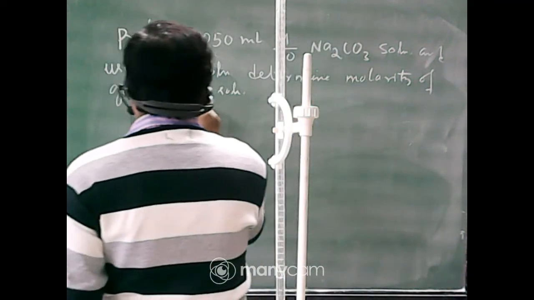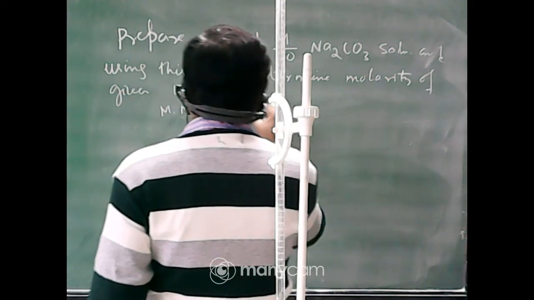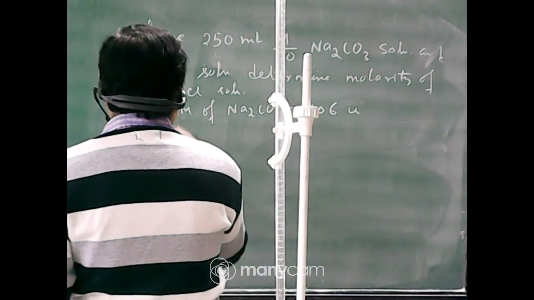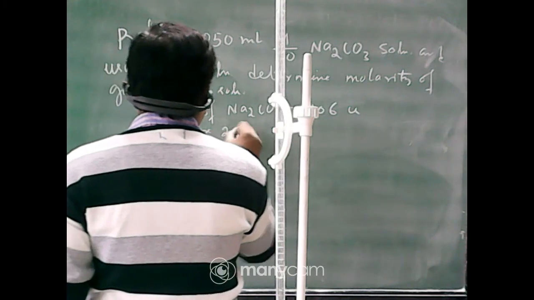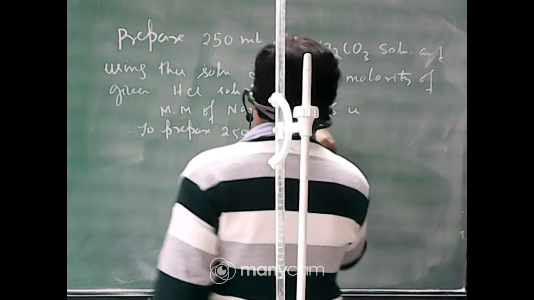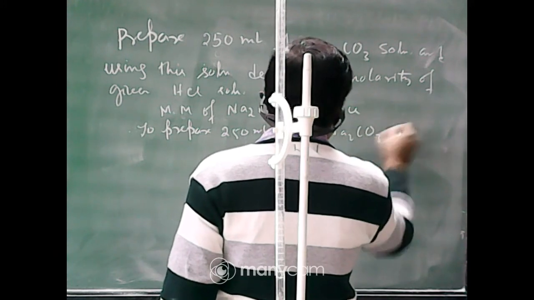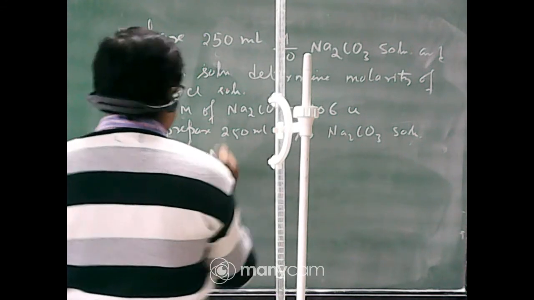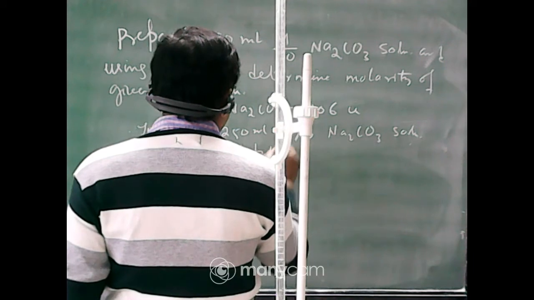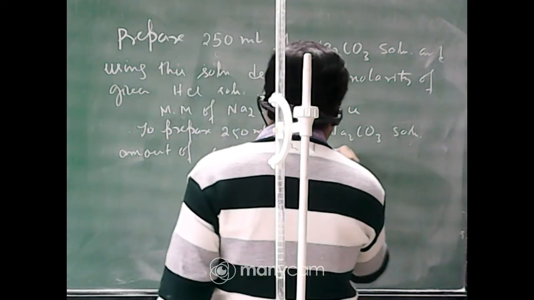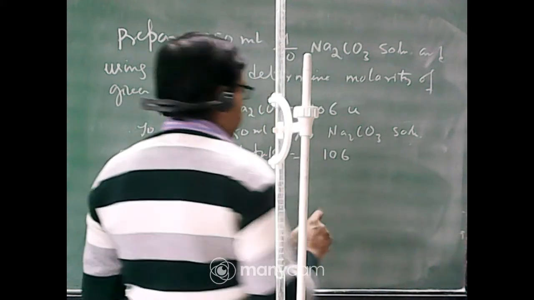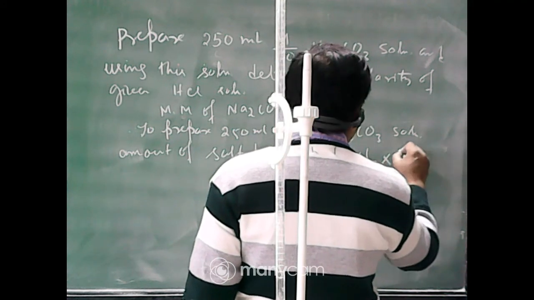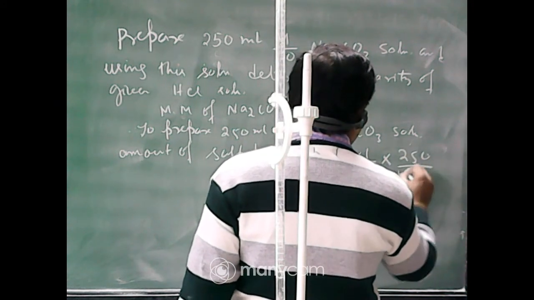First, molecular mass of sodium carbonate equal to 106 u. Therefore, to prepare 250 milliliter M by 10 Na2CO3 solution, amount of salt required equal to 106 gram if I take in 1 liter, then it will be 1 molar. Then for M by 10, how much? 1 by 10, this is for 1 liter, and for 250 milliliter, 250 by 1 liter means how many liters? 1000.